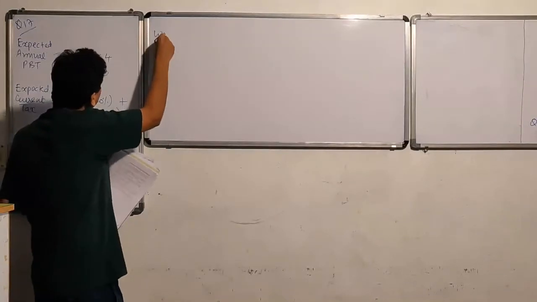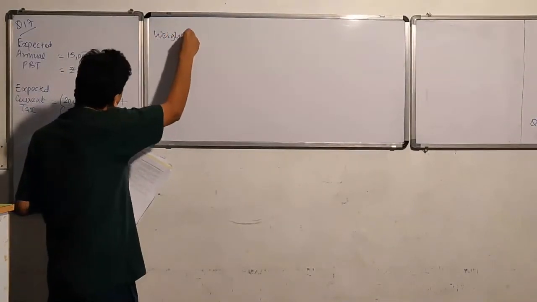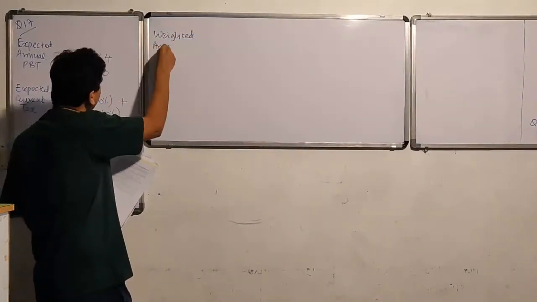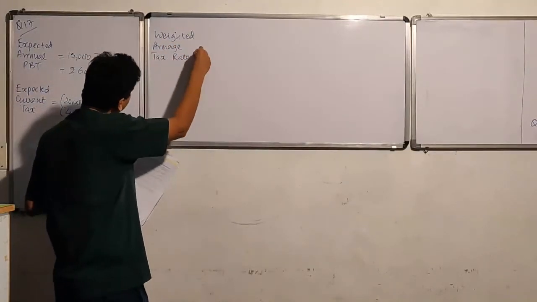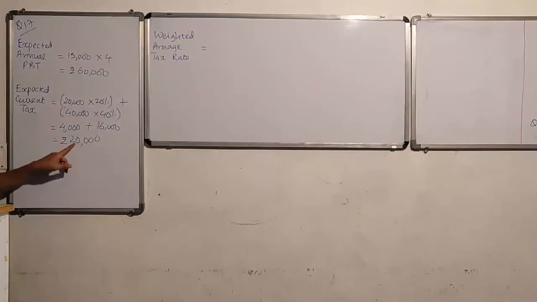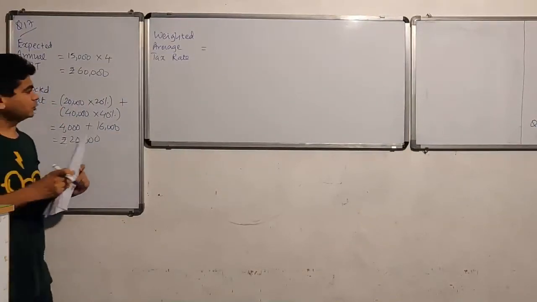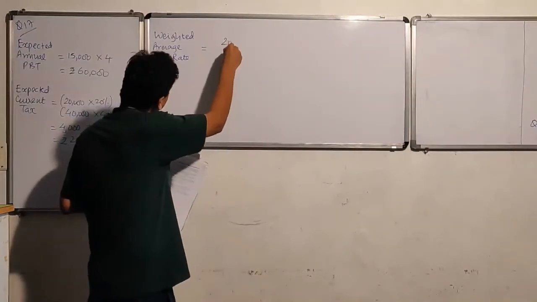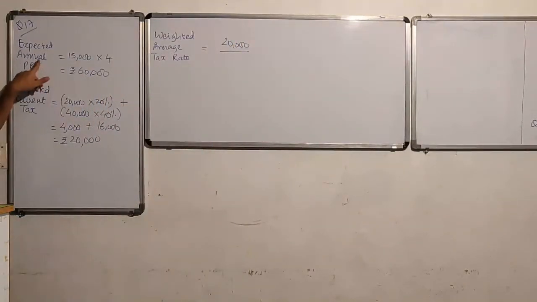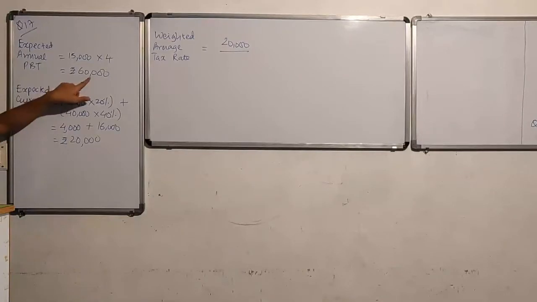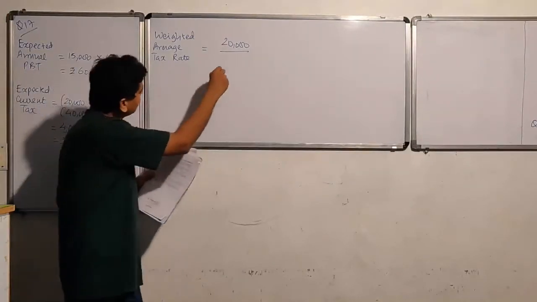Now we have to work out the weighted average tax rate. So I say weighted average tax rate equals, you are going to pay total tax of 20,000. So I will take 20,000 over here and I will divide this by your accounting profit. Your accounting profit is expected to be 60,000.